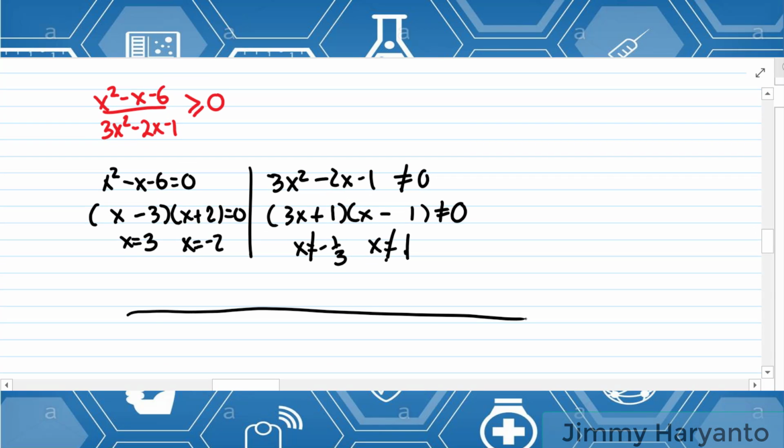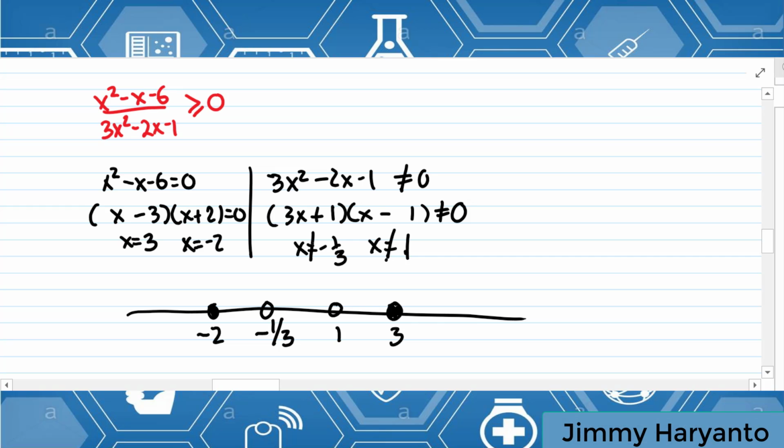So the number line will be negative 2 first, and then negative 1 over 3, and then 1, and then 3. You can color the 3 and the negative 2 because the question has the equal sign right there. But for negative 1 over 3, the equal sign is crossed, you cannot color it.